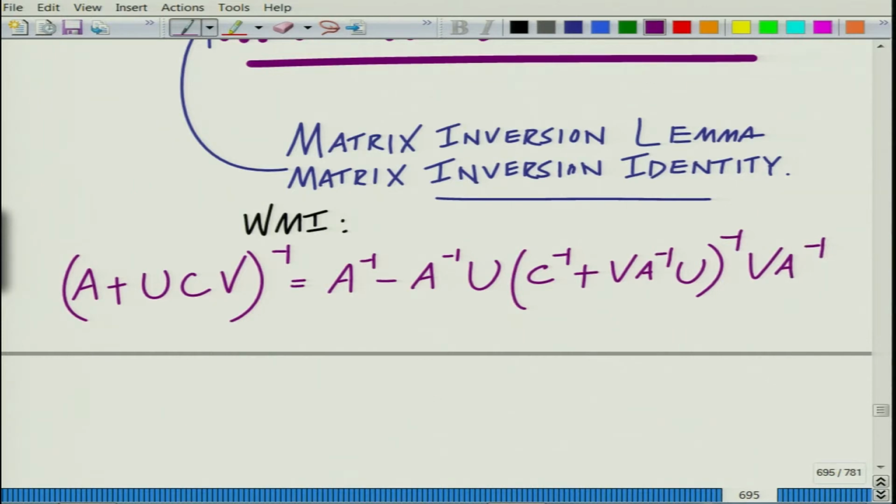Okay. So, this is the expression for the matrix inversion identity, or the Woodbury matrix identity.